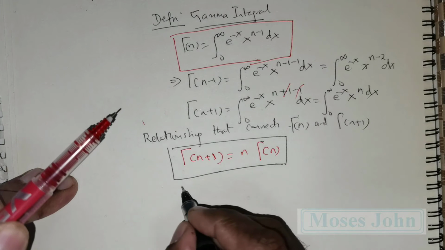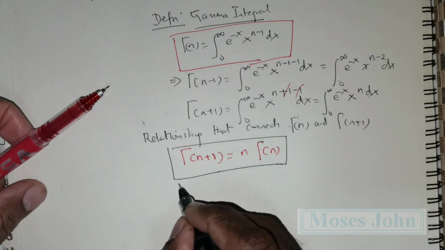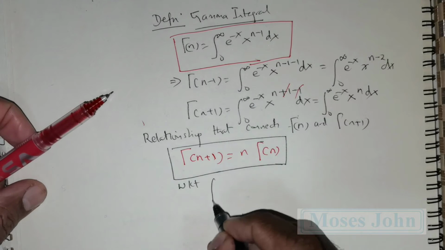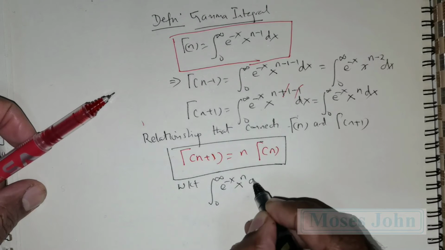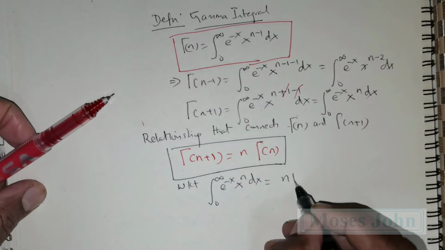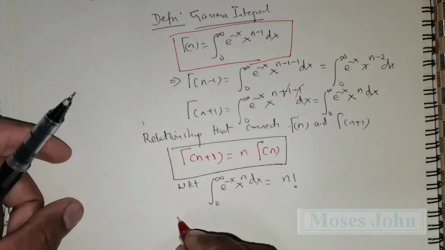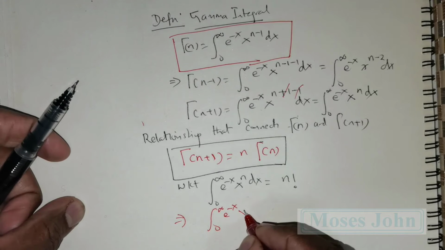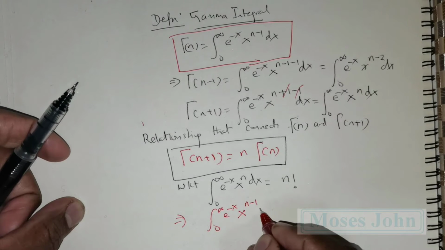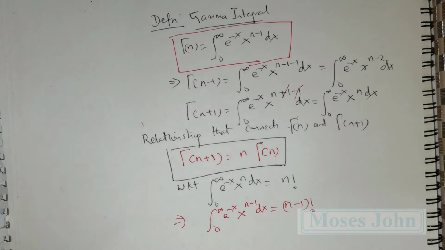Now there's another relationship which you have to know. We studied that the integral from 0 to infinity of e power negative x times x to the power n dx is n factorial. So this means the integral from 0 to infinity of e power negative x times x raised to the power n minus 1 dx will be equal to n minus 1 factorial.